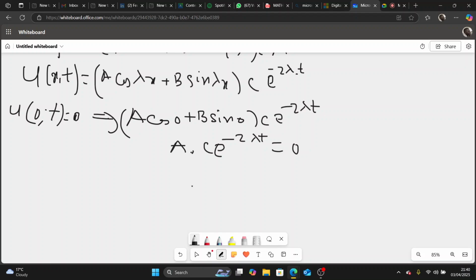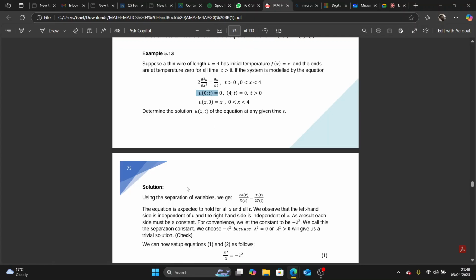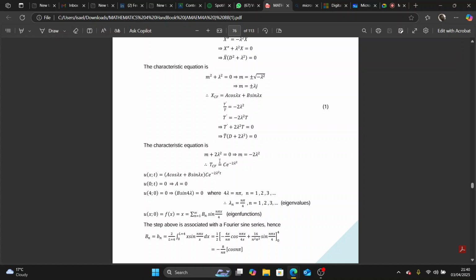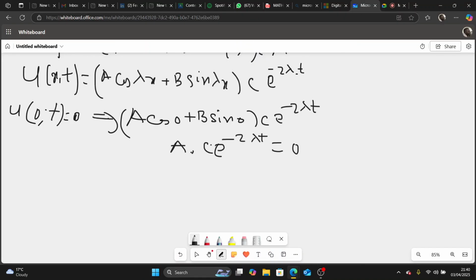So do you agree that I can call it, on the first condition, simply A equal to 0? What does it mean? A times C, we can call it A exponential minus 2 lambda chi equal to 0.